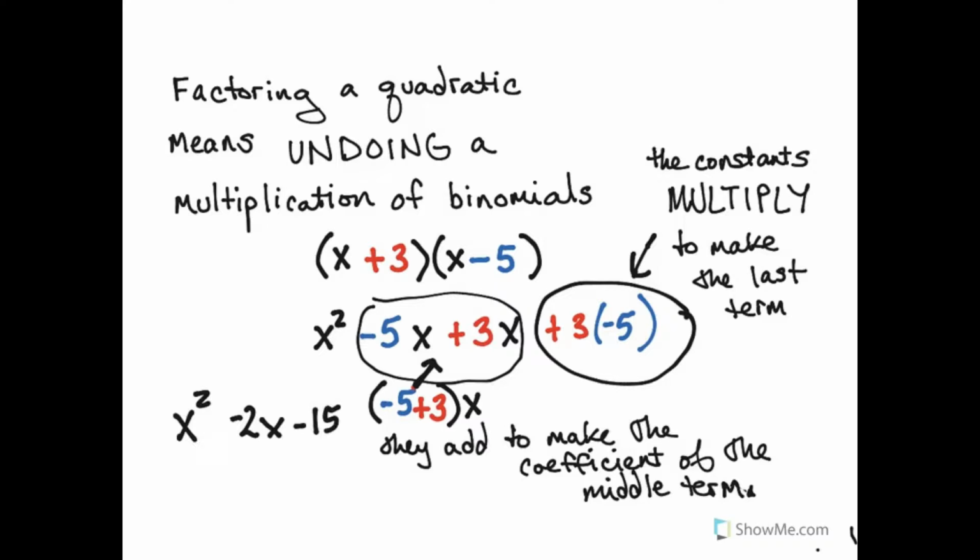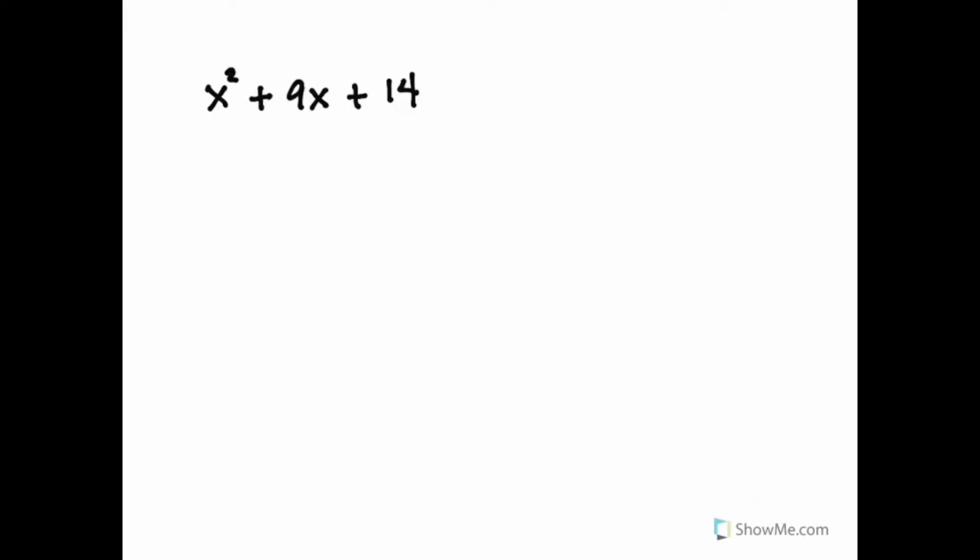And usually I write that as a subtract 2x. So now this is the result, and I want to get back to this. I'm going to use the fact that the constants multiply to make the last term and add to make the coefficient of the middle term.